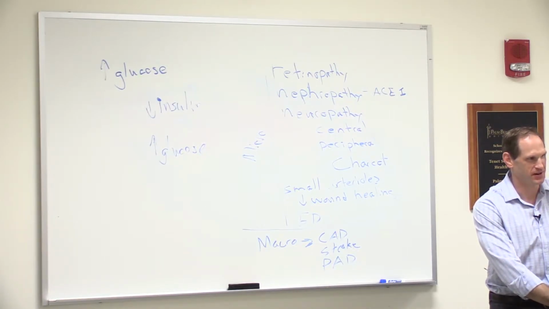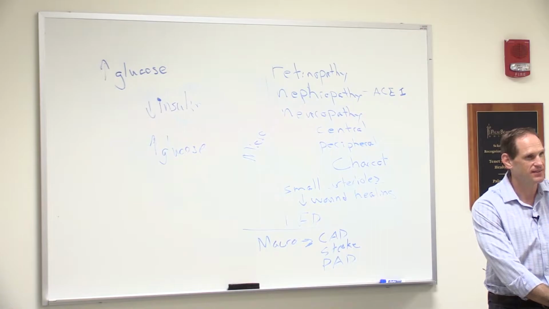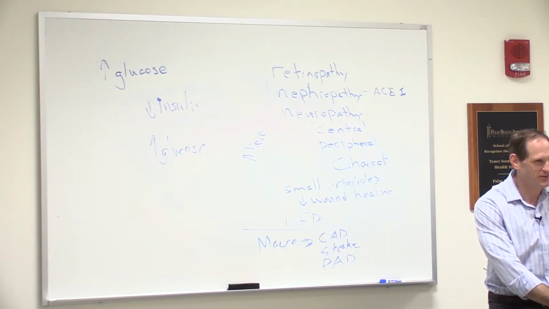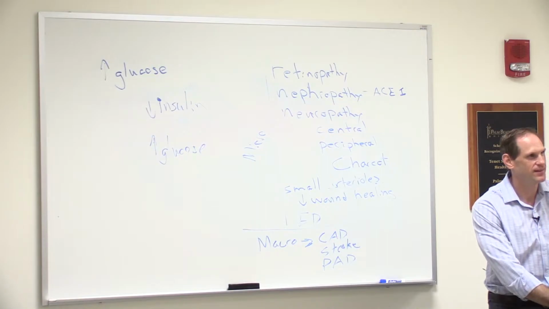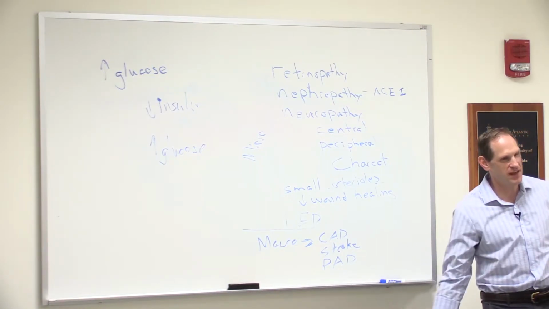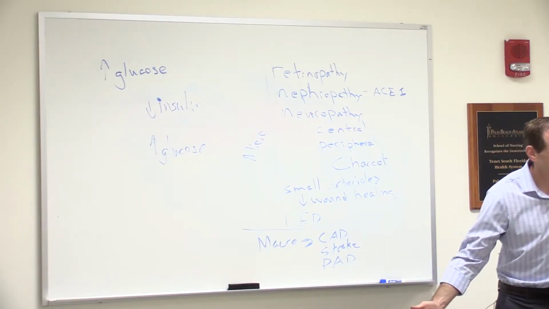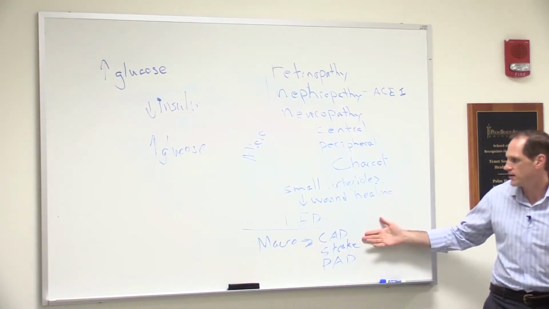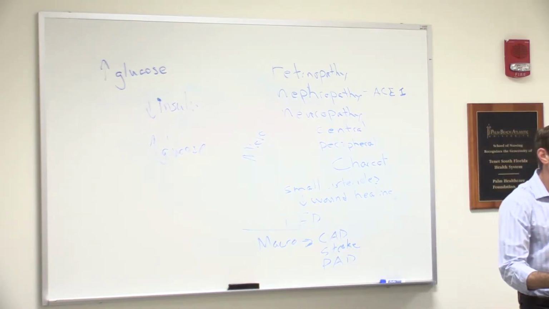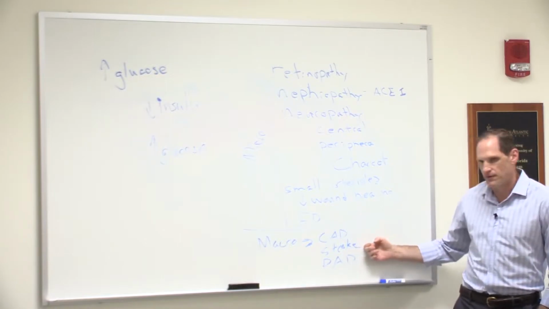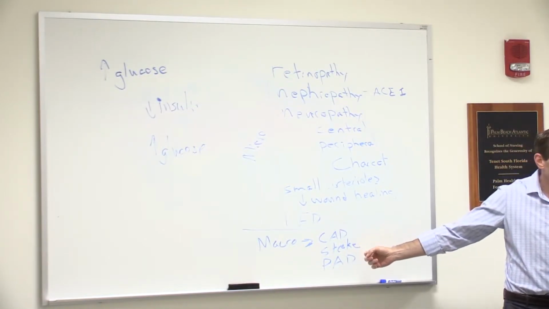The disease of the coronary arteries. What happens if you have a blockage of your coronary artery? You could die. And what would that be called? A myocardial infarction, which is a fancy way of saying a heart attack. So coronary artery disease, heart attacks. Cerebrovascular disease, strokes.